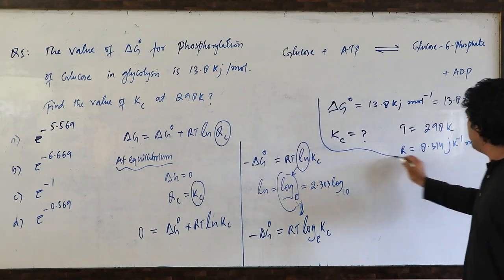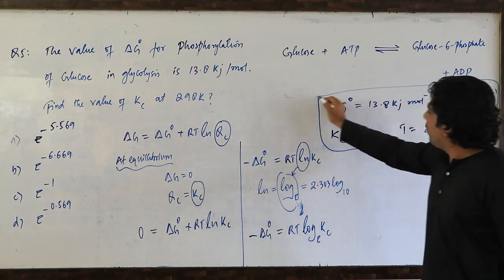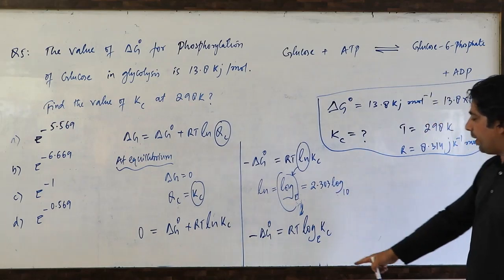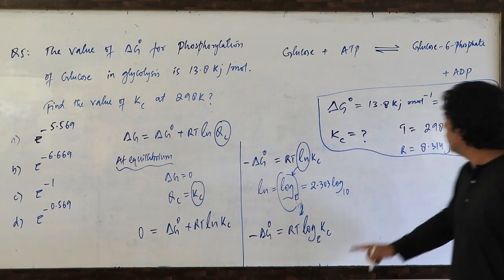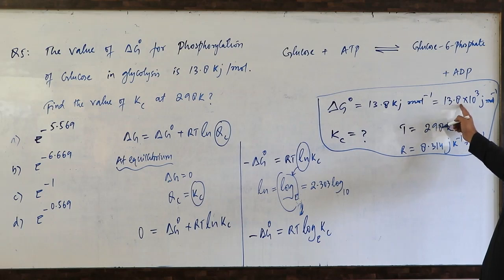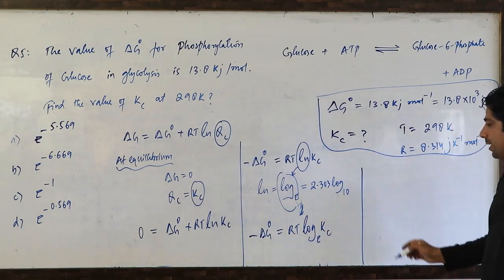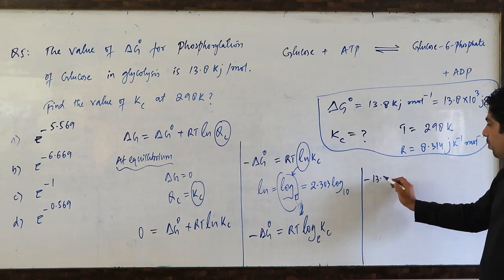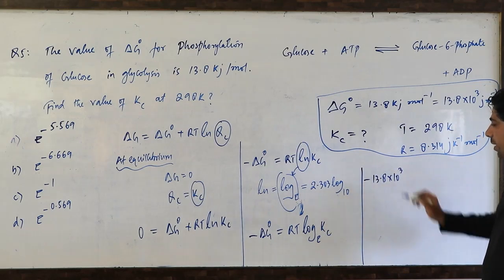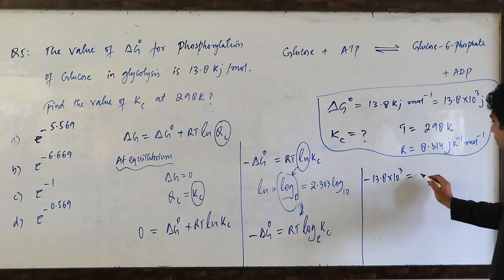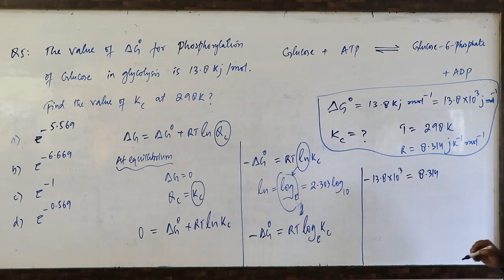So my dear friends, after having all these values, let us simplify it. In place of delta G naught, what is the value? 13.8 into 10 raised to the power 3. So we have minus 13.8 into 10 raised to the power 3 is equal to R, that is 8.314 joule per Kelvin per mole, temperature is 298 Kelvin, my dear friends, and log to the base e Kc.